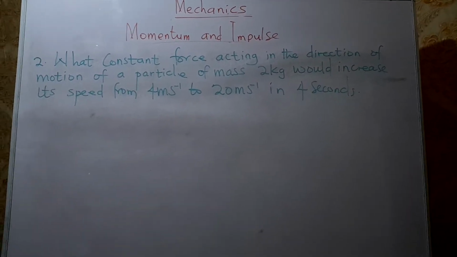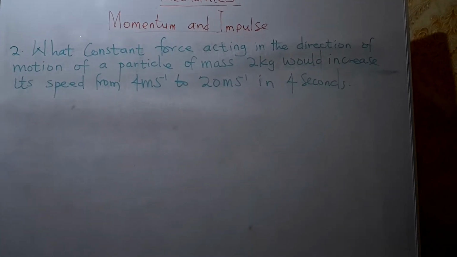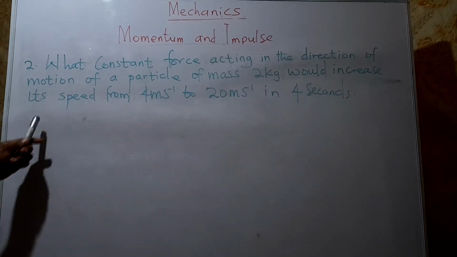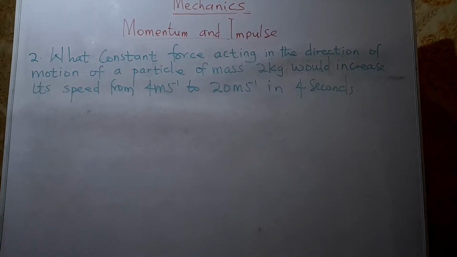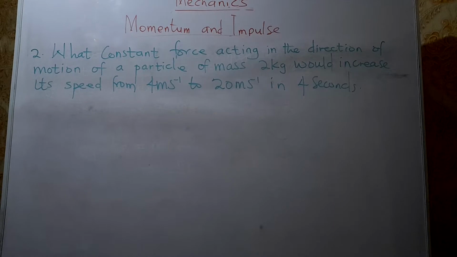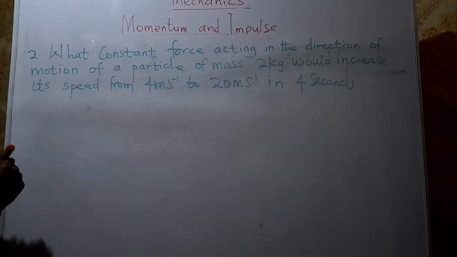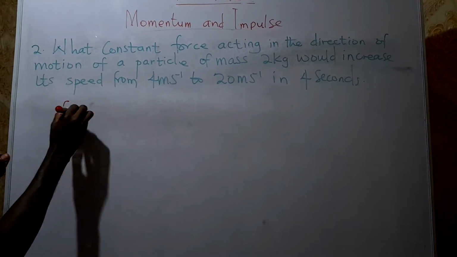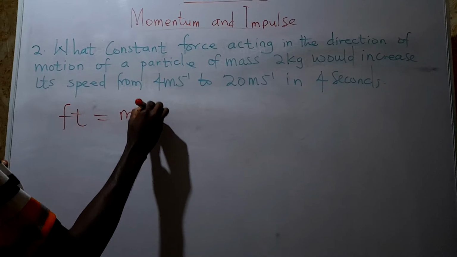What constant force acting in the direction of motion of a particle of mass 2 kg will increase its speed from 4 meters per second to 20 meters per second in 4 seconds? So they're asking us to calculate the force. Remember, the force times time is equal to the change in momentum.